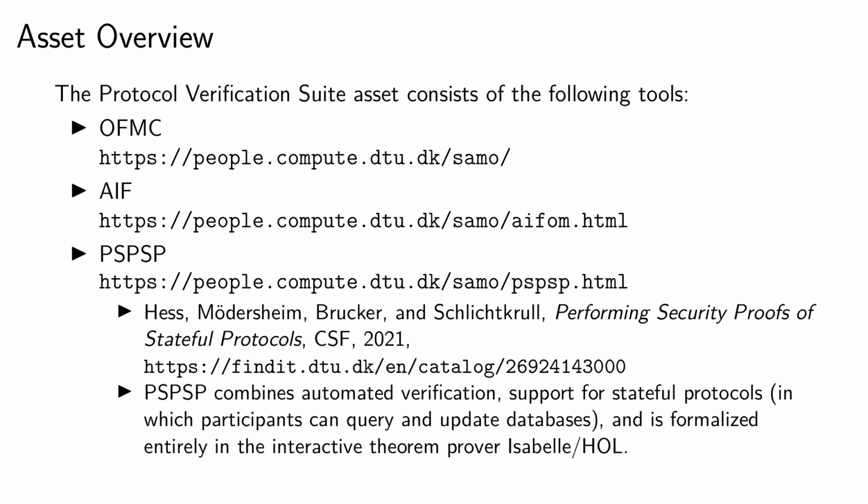This last point means that we do not depend on the correctness of the tool, neither the implementation nor the underlying theory that it is based on. And that gives us the strongest possible guarantees that whenever the tool says that a protocol specification is secure with respect to its goals, then this is actually correct.